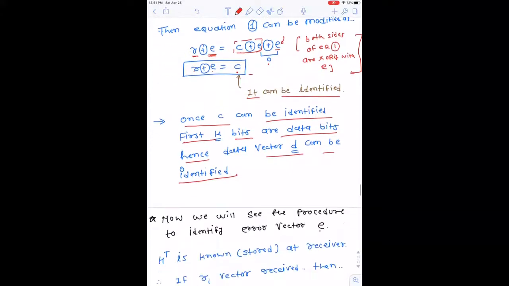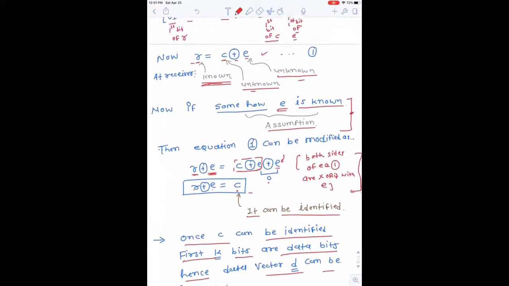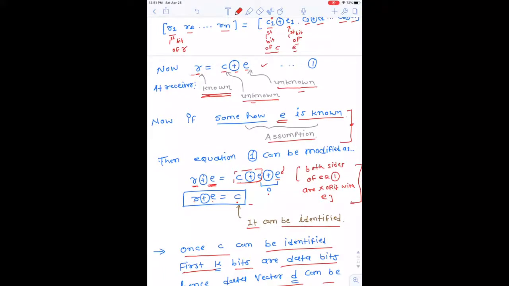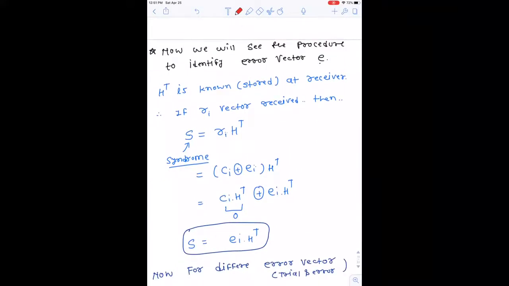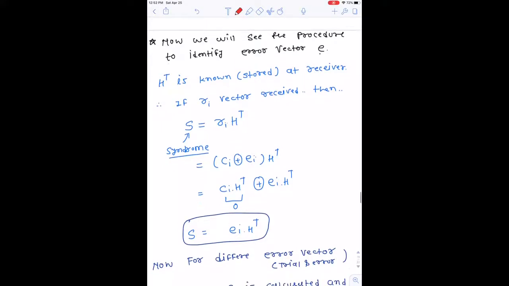So the interesting part is that to get the code vector C back from receive vector R, we first need to identify the error vector E. Once E is fully identified, XORing receive vector R with E directly gives us the code C. So it is a two-step procedure: first we identify E, and then we XOR the receive vector R with E.